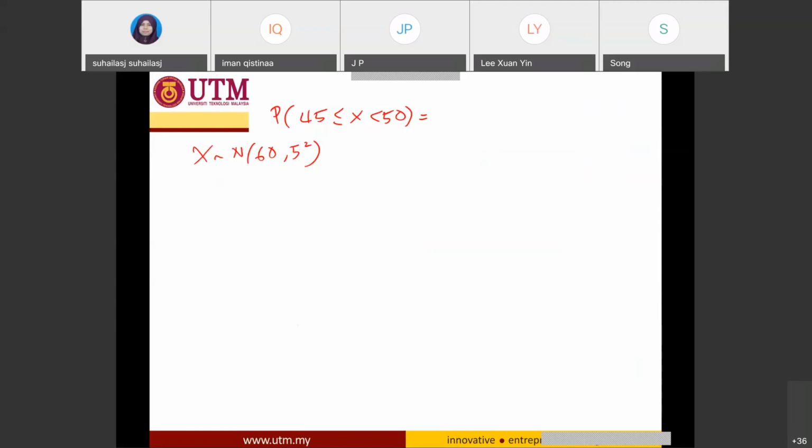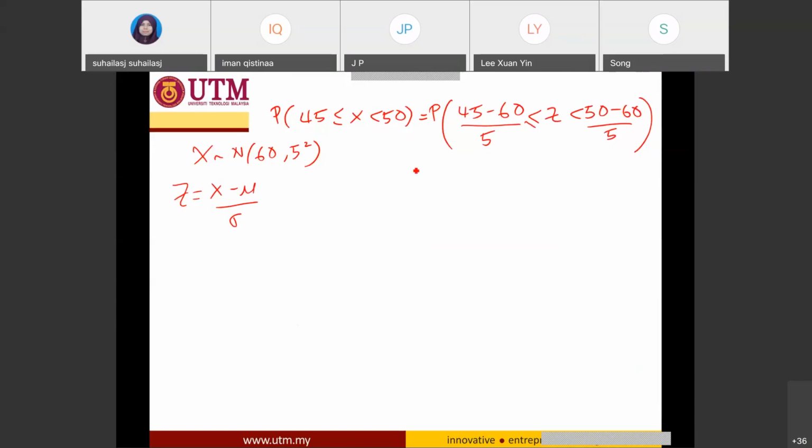You standardize, so we have 45 minus 60 divided by 5 less than Z less than 50 minus 60 divided by 5. Remember, your Z is X minus mu divided by sigma.